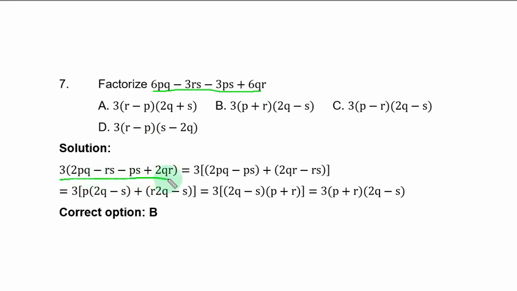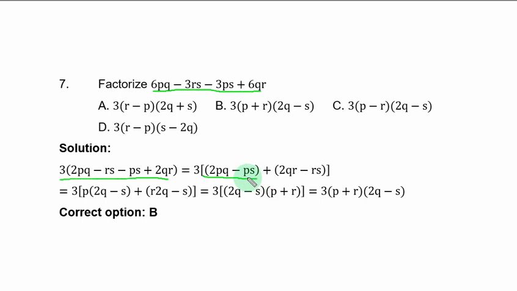If you group the terms, you can take the second term with the third term because they have a letter in common. Then you can group the fourth term with the first term.